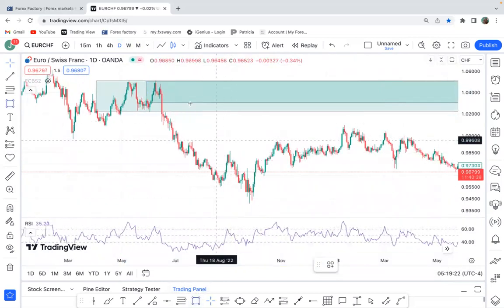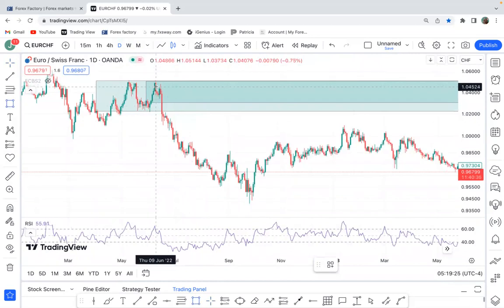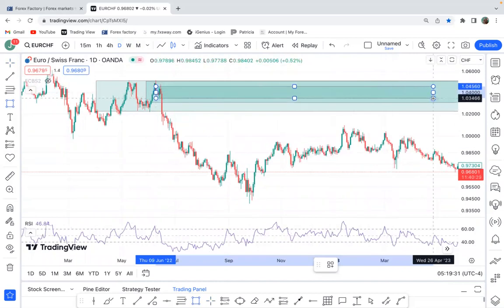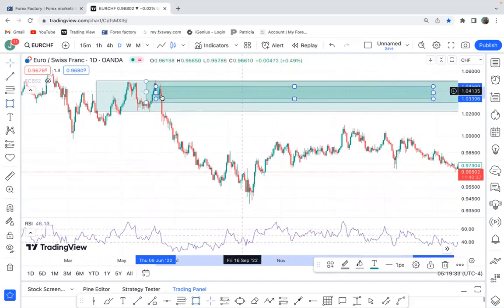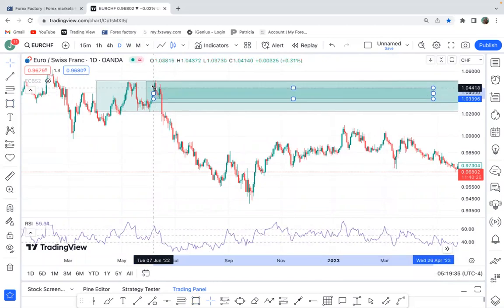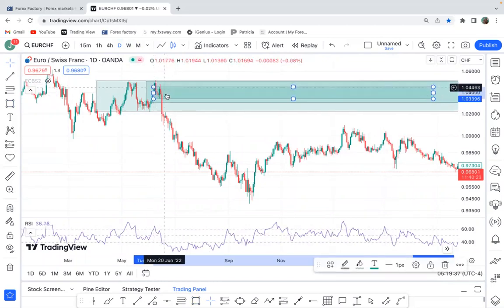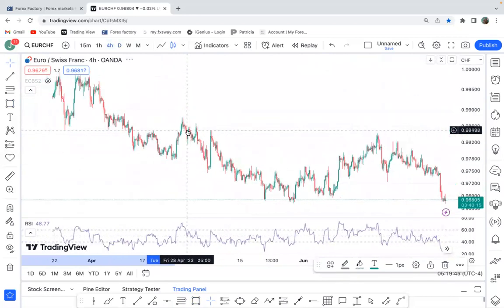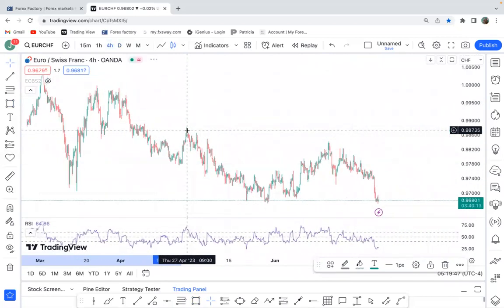So you can simply take out another rectangle and shade it out. Okay. So now, if you feel like refining it to the lower time frame, you can stop on the 4 or 1 hour and then wait for your confirmation before you get in the trade.